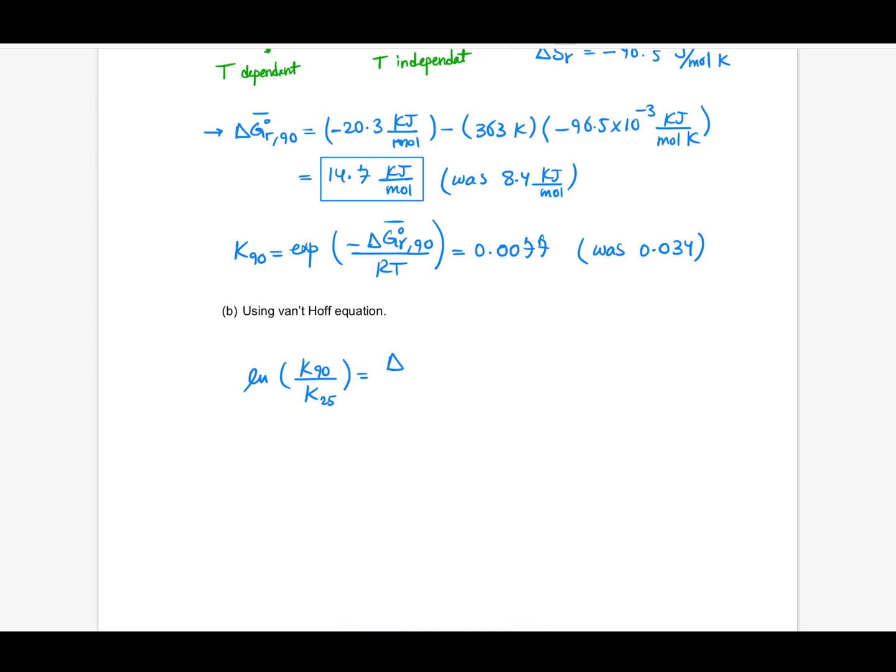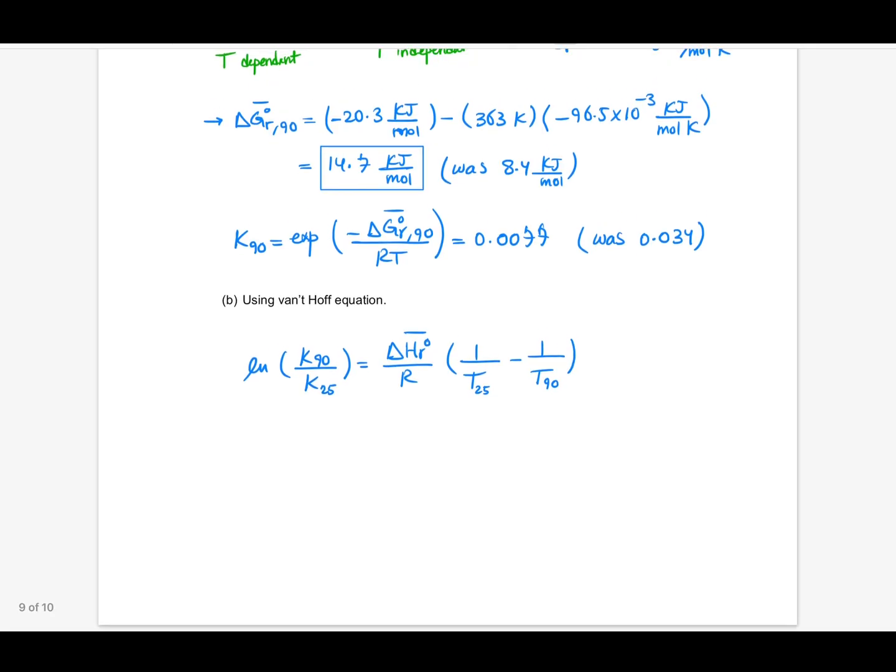would be equal to delta H R standard divided by R, times 1 over T1, T25, minus 1 over T2, T90. T25 means 298 Kelvin.